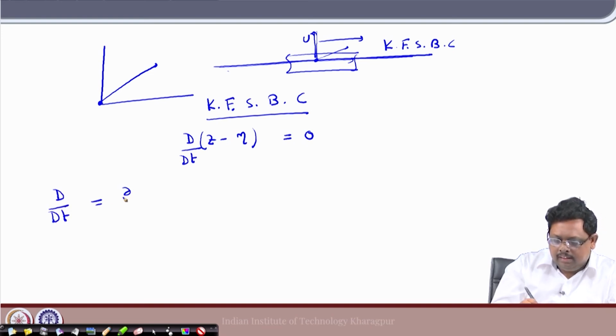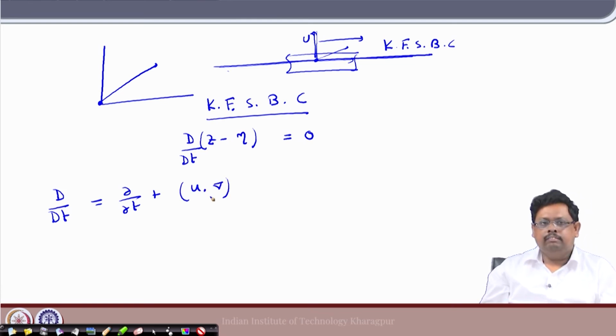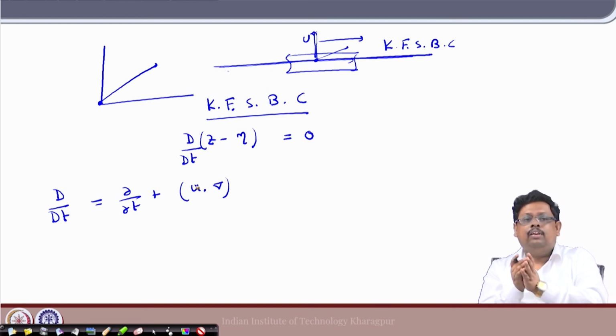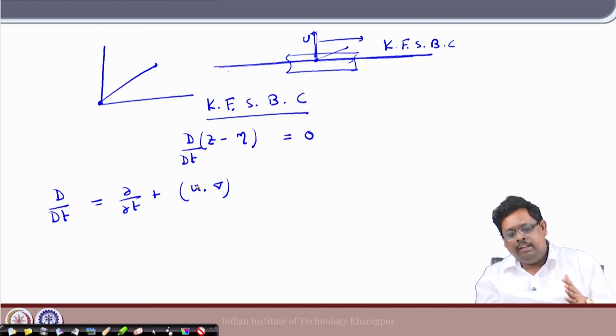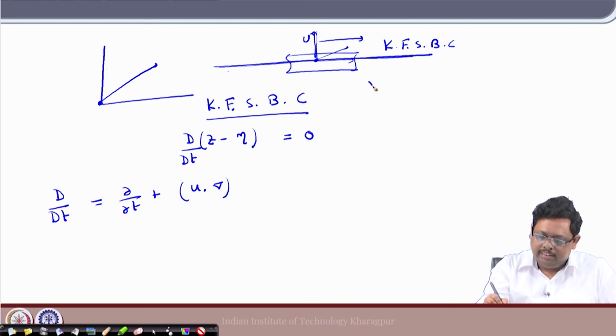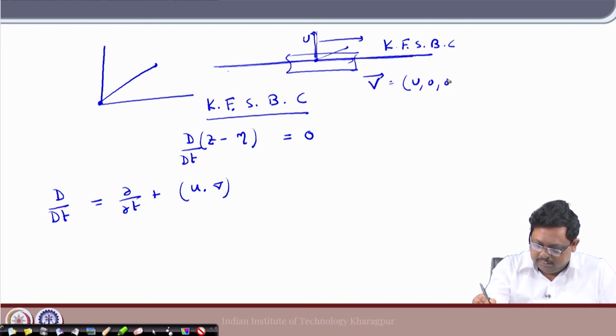It is del/del t plus u dot grad. Here, because the reference frame is itself moving with a velocity, the velocity vector V is U comma 0 comma 0.